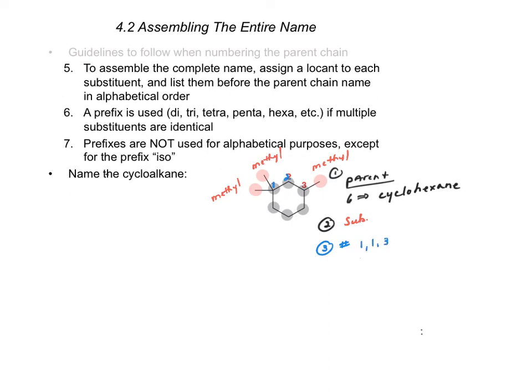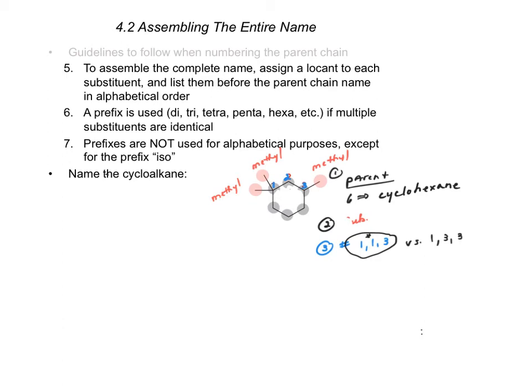So 1, 2, 3. As opposed to if I had started over here, we would have had a 1, 3, 3. So this guy was the correct way to number because, again, it gave that second substituent the lowest number possible. So we'll go ahead and use that guy, and I'll go ahead and erase these guys.